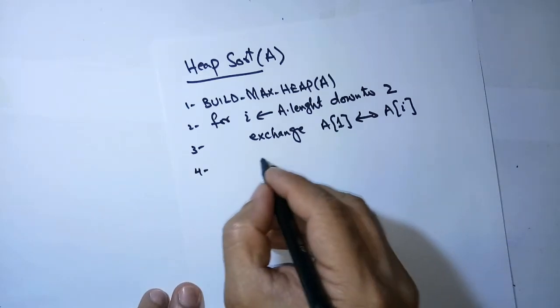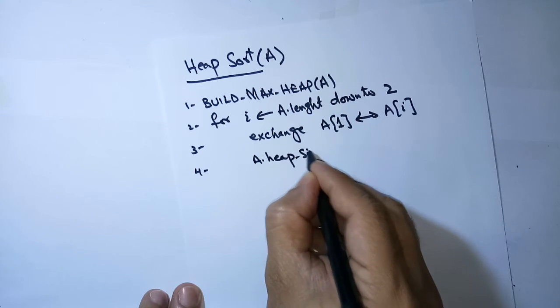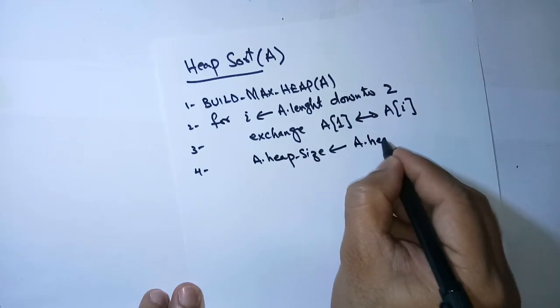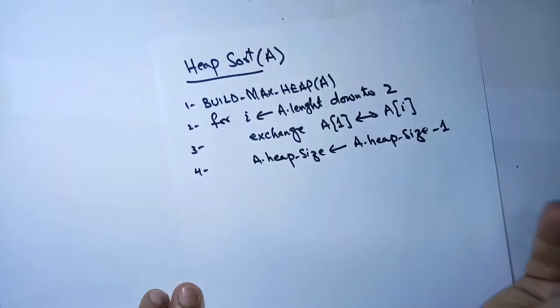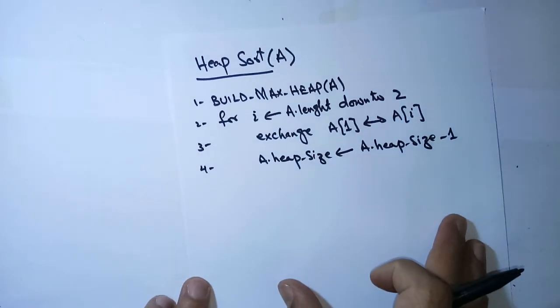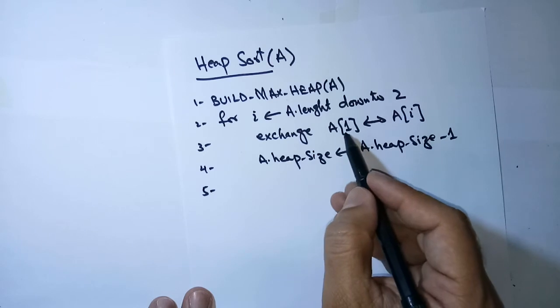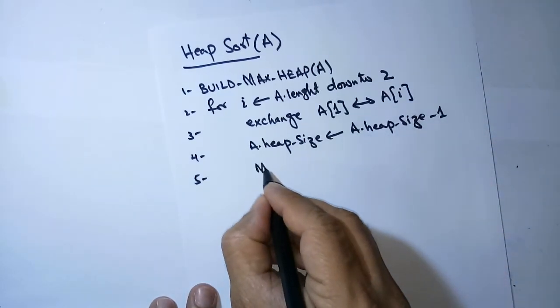So A.heap-size needs to be updated with A.heap-size minus 1, isn't it? Right? And since we exchanged it with the first location, we need to call max heapify.